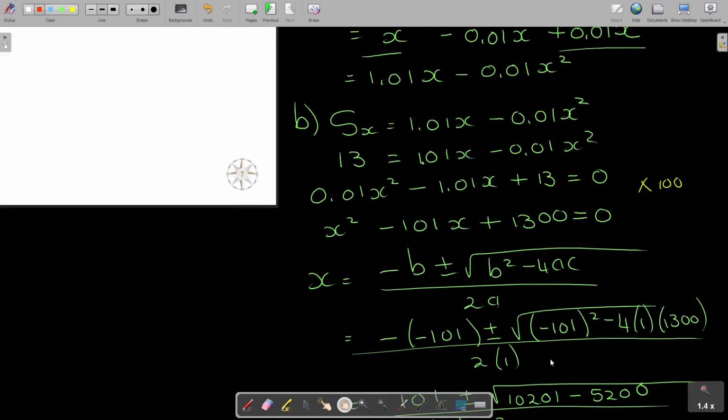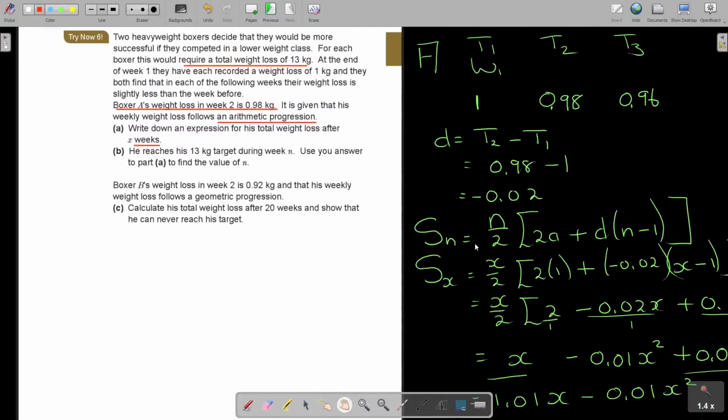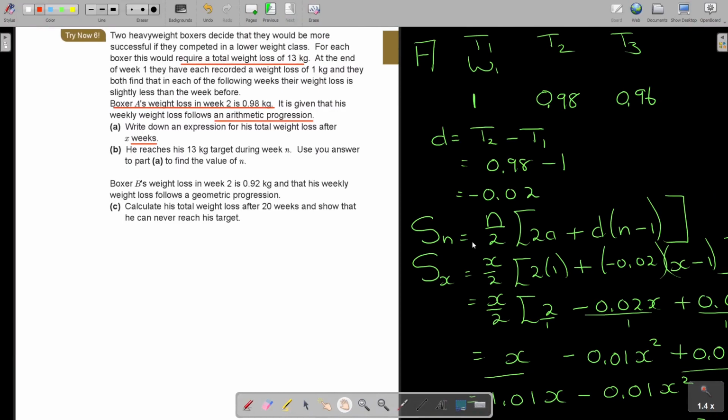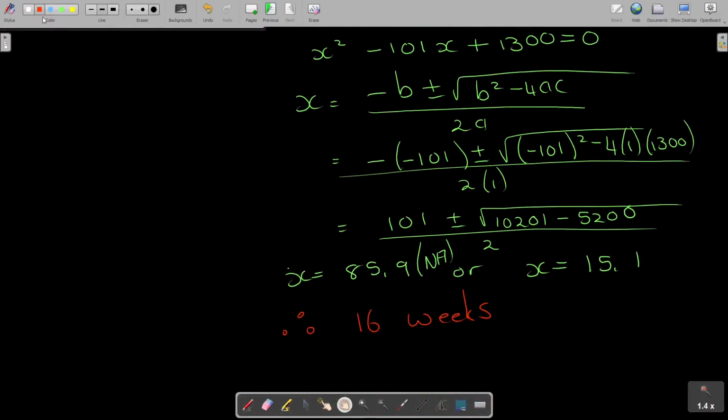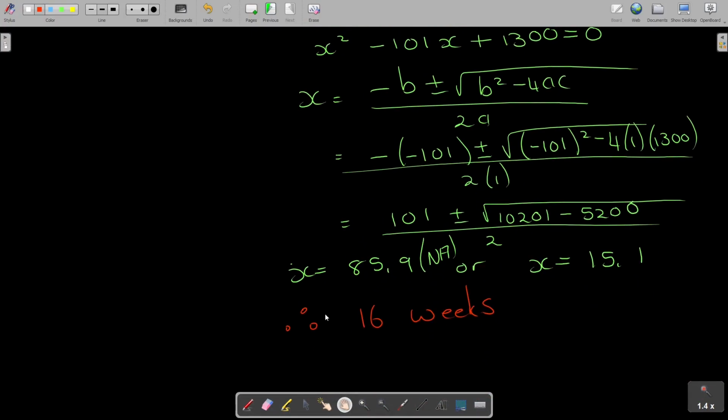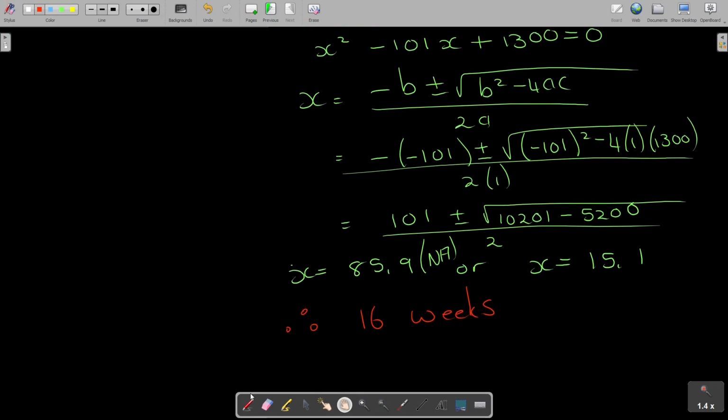So can you see? Now let's just go back to the question. He reaches his 13th target during week N. Use your answer to part A to find the value of N. So basically, you can actually say value of N equals 16.